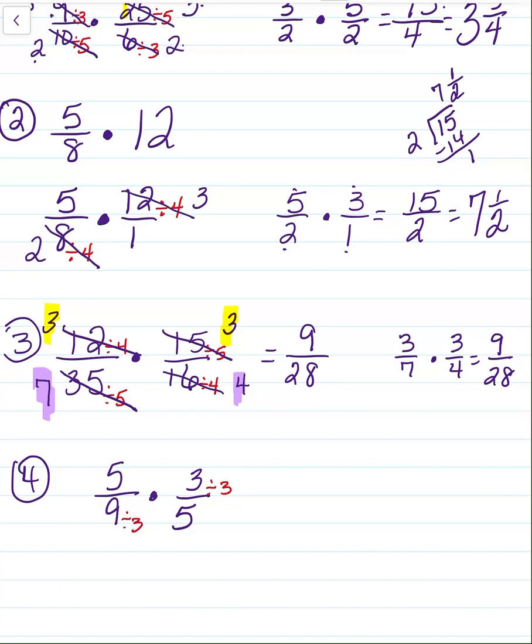So we're going to cross out. 9 divided by 3 is 3, and 3 divided by 3 is 1. Now we have 5 and 5. Is there a value that can go into 5 and 5? Yeah, it's 5. Right? So some kids get that confused.